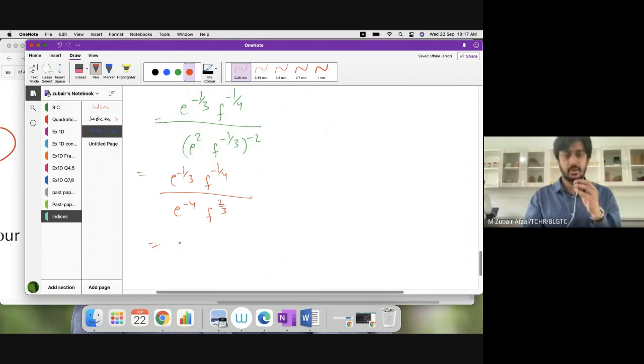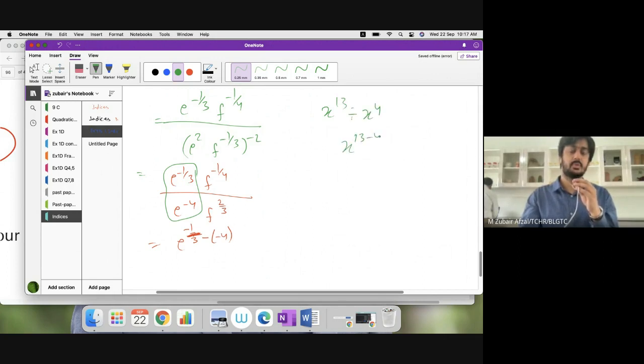If I write e raised to power minus 1 by 3 minus 4, any issues? They are dividing, right? Whenever we divide, we subtract the powers. x raised to 13 divided by x raised to 4, we write x raised to 13 minus 4. So in this case, e's were dividing.